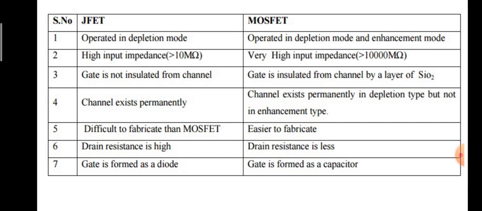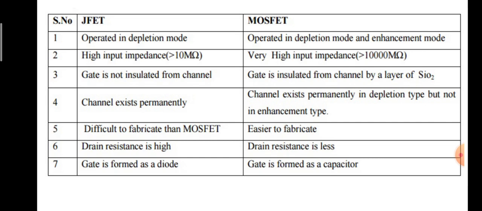JFET gate is not insulated from channel. MOSFET gate is insulated from channel by a layer of SiO2. JFET channel exists permanently. MOSFET channel exists permanently in depletion type but not in enhancement type.